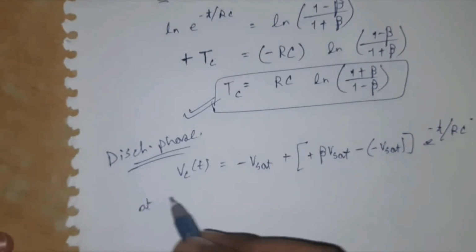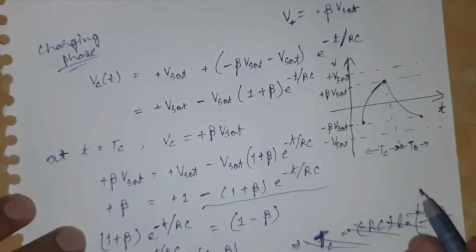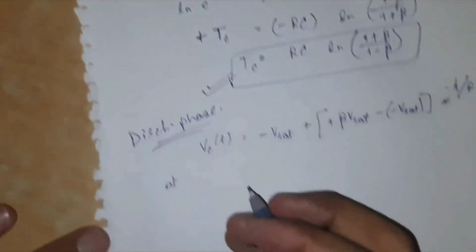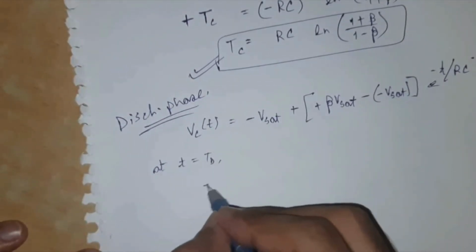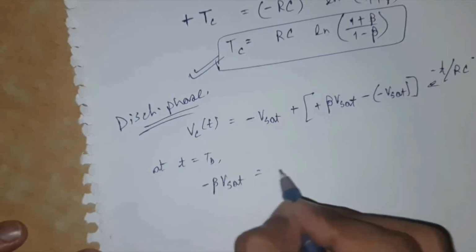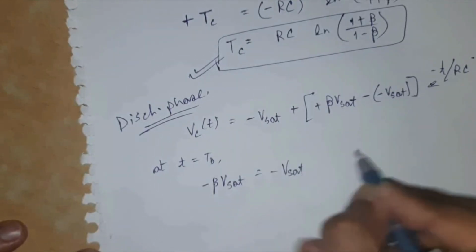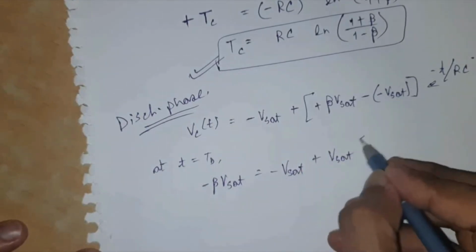So let us suppose that the time taken by the capacitor to discharge is Td. So at t equal to Td, this Vc(t) becomes minus beta Vsat, equal to minus Vsat. Again we are taking this out common, plus Vsat we are taking common, then what will be left?